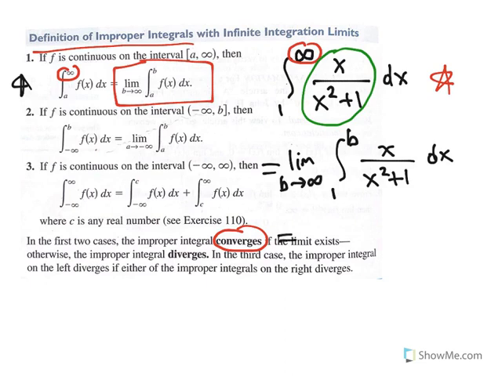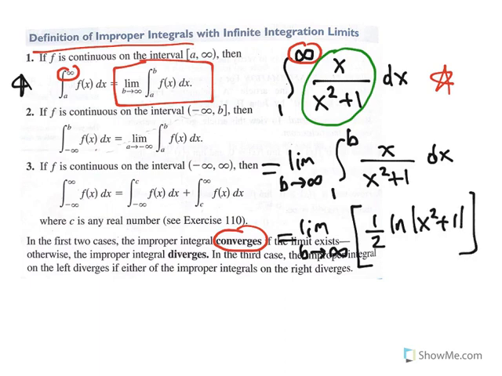And of course, we're able to do that using the antiderivative that we found in our activity that we started the lesson with. The antiderivative that we found was 1/2 times the natural log of the absolute value of x squared plus 1. And how do you work with a definite integral?